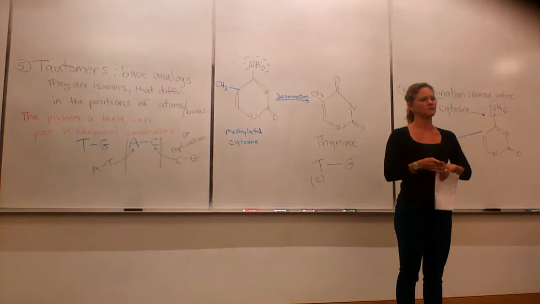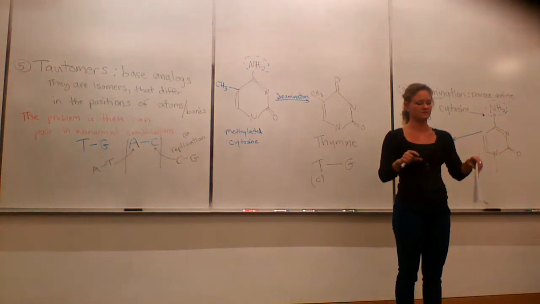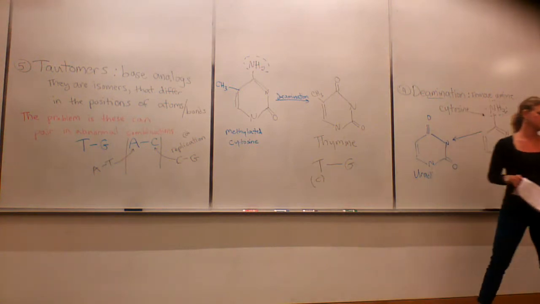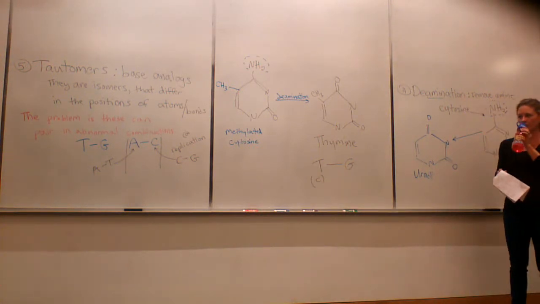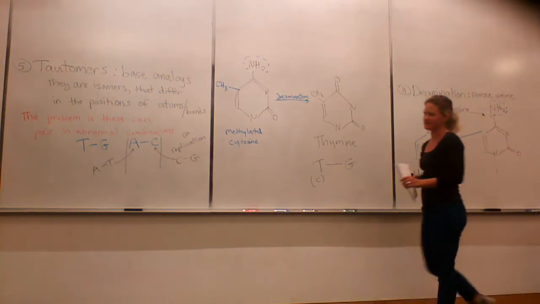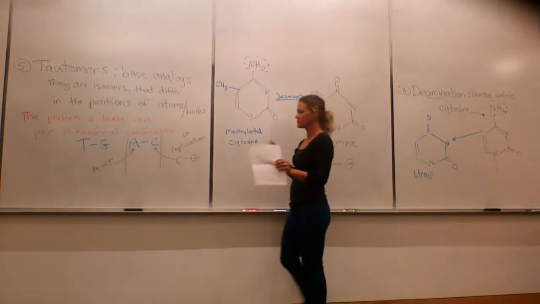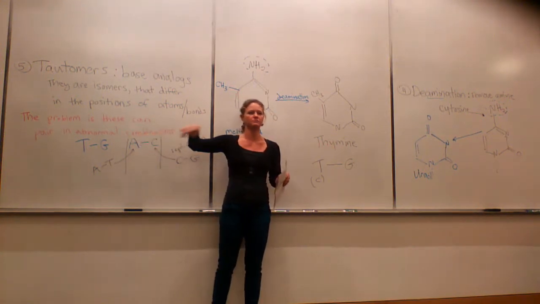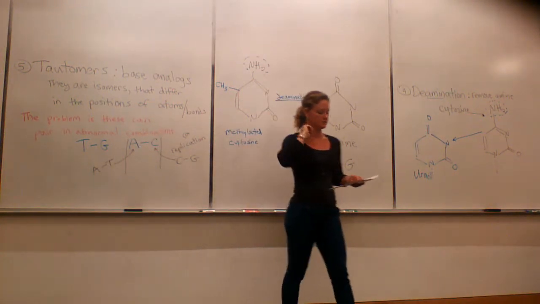Which one's the correct base in the original strand? I just want you guys to know that there are tautomers that exist. They're isomers. They can look strange and they can make these odd hydrogen pairings, so A to C and T to G.